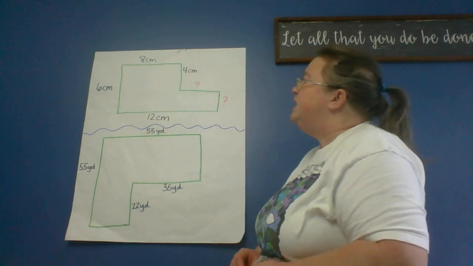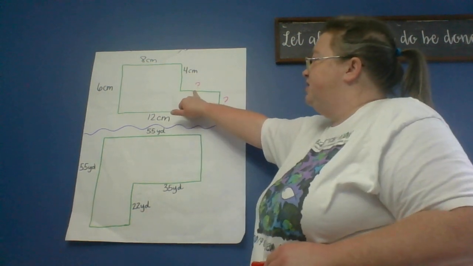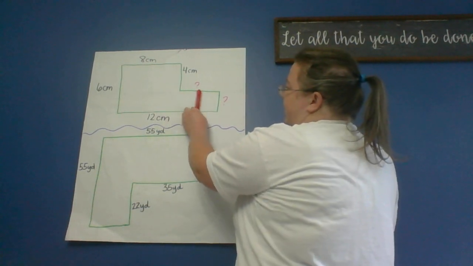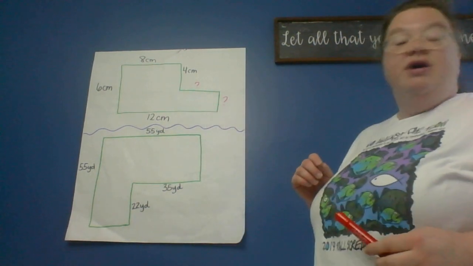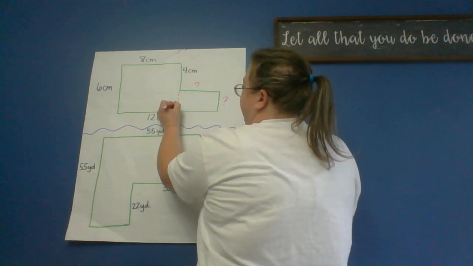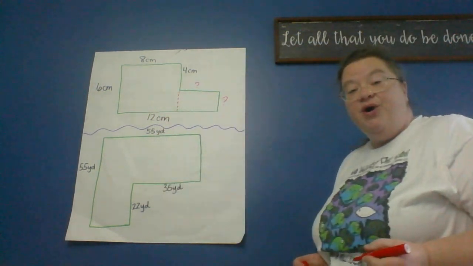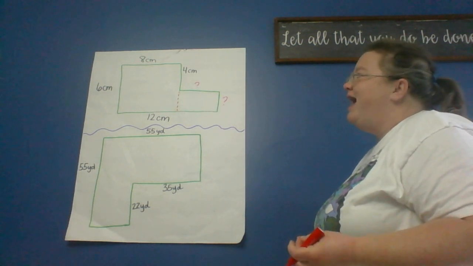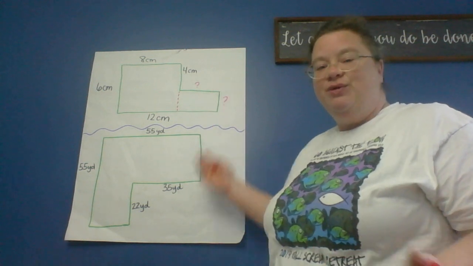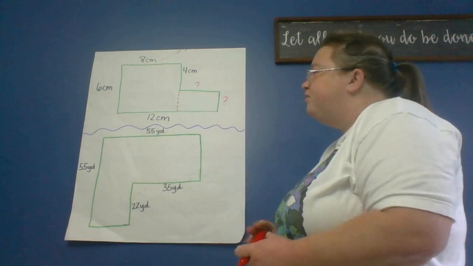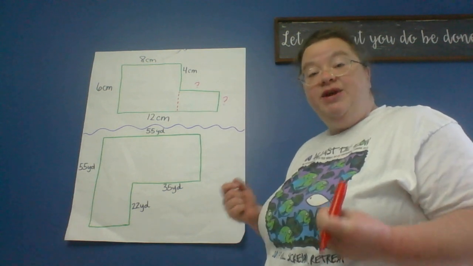So let's start with this right here. This length from here to here is what we need to figure out, because I'm already starting to see how we could decompose this figure into 2 rectangles, and I don't know either side length of this one, so that's going to really be important that I figure those out. So let's think about the lengths that we do have.